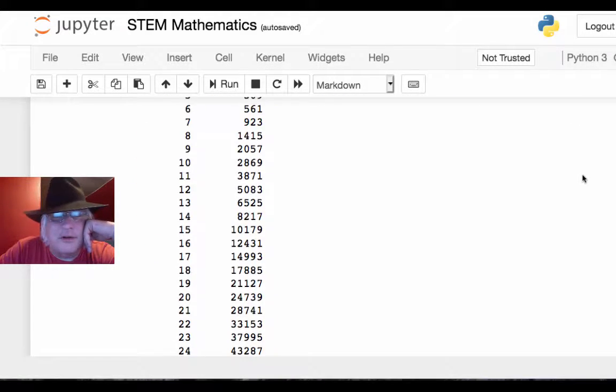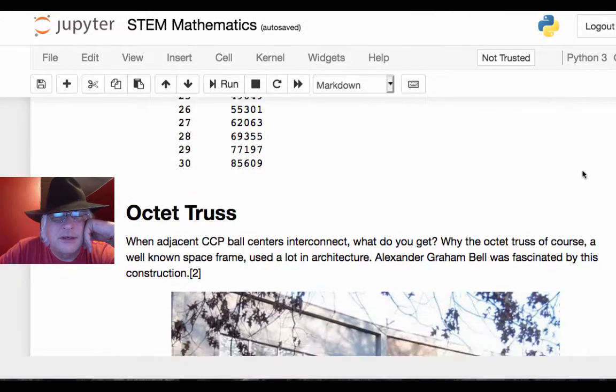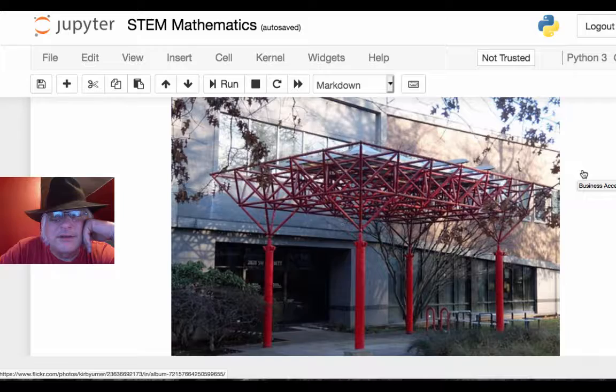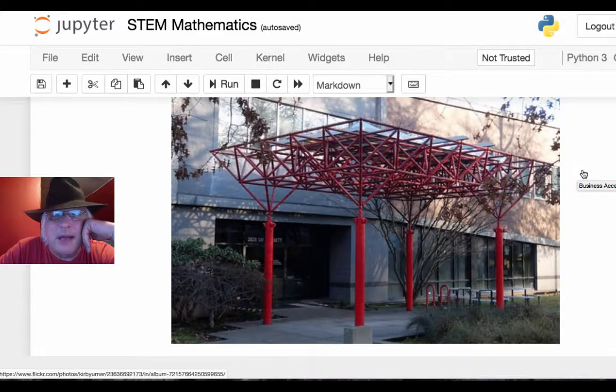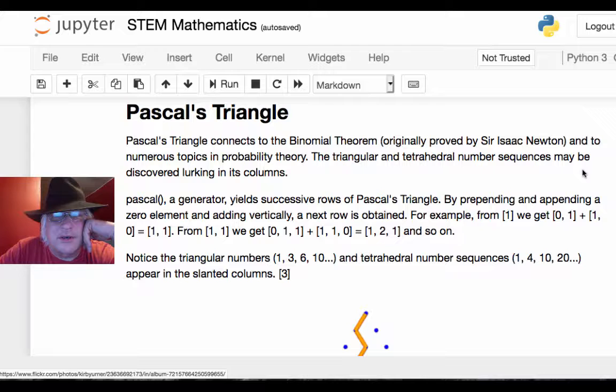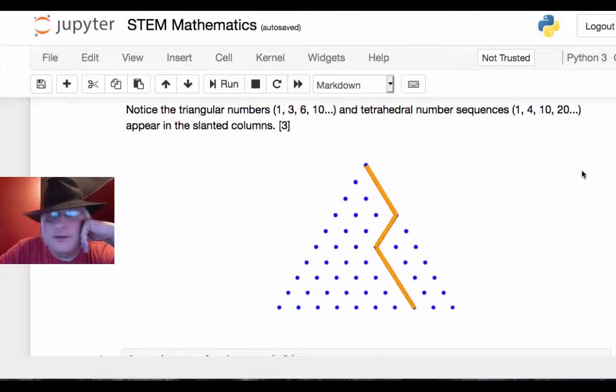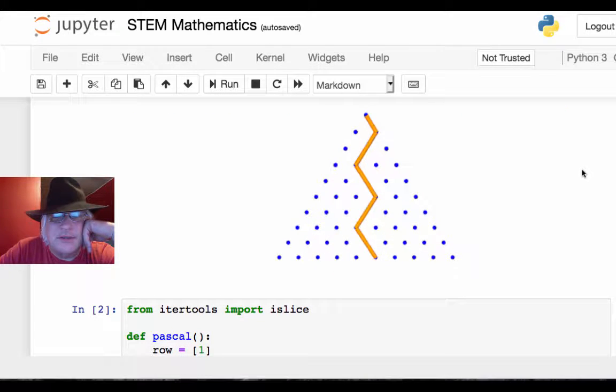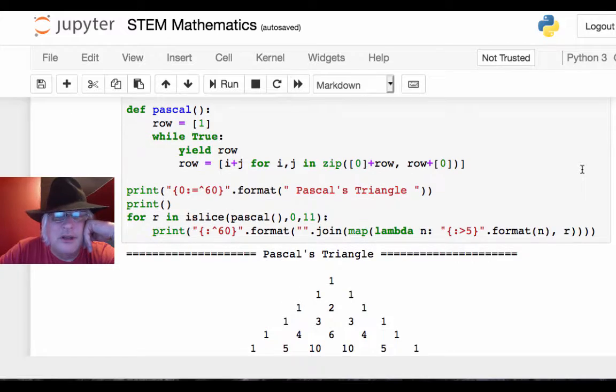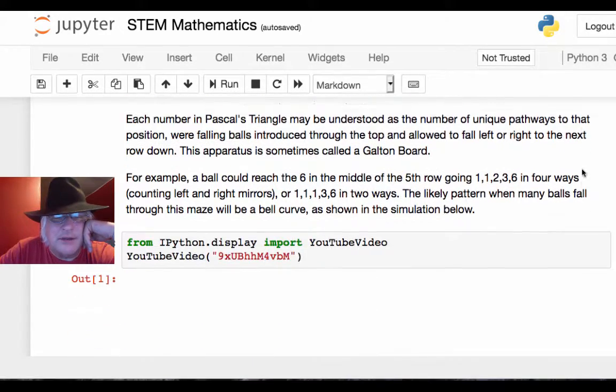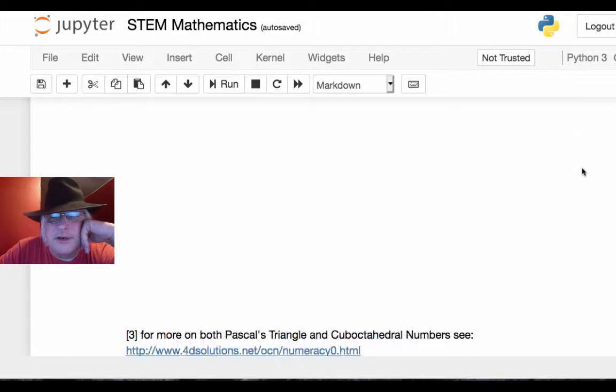So these are elementary school rememberings that take us at least as far as the octet truss, because in that sphere packing we're looking at, those ball centers occur at the nodes of the octet truss. More than that, you can have a three-dimensional Pascal's triangle, basically a pyramid. You can do all kinds of stuff with probabilities once you start getting into number sequences and Pascal's triangle in particular. A Python generator for creating Pascal's triangle is quite straightforward. Various YouTubes and so on.